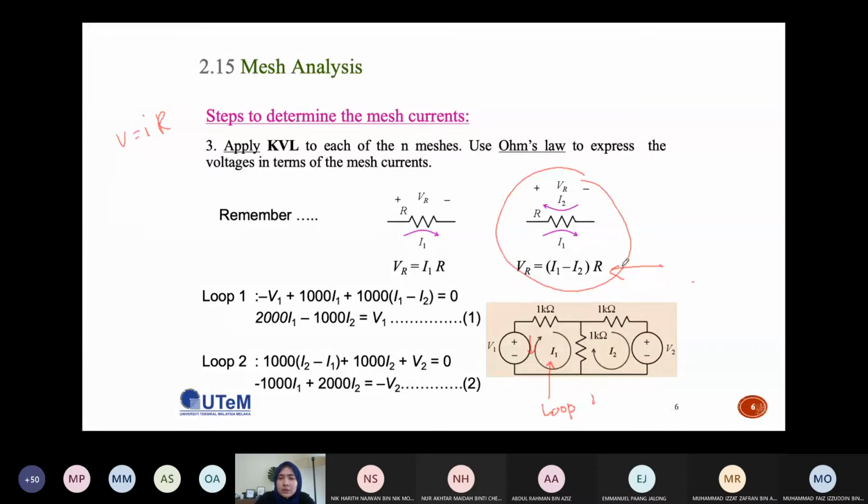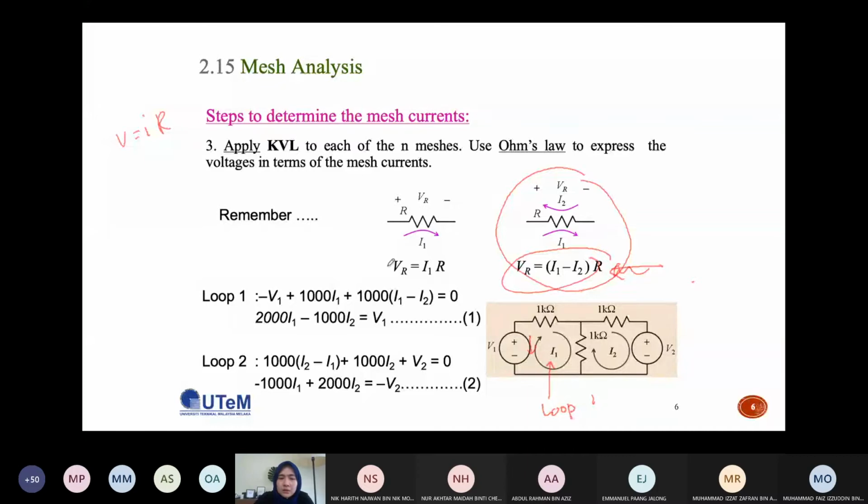Okay, so this is where this actually comes in, where you have a resistor in between two meshes. So if you have a resistor like this one, located in between two meshes, the voltage across the resistor 1 kilo ohm over here is actually 1K multiplied with I1 minus I2, equals to 0.